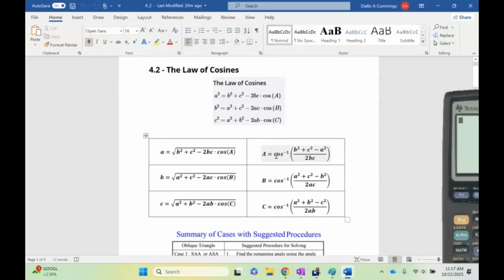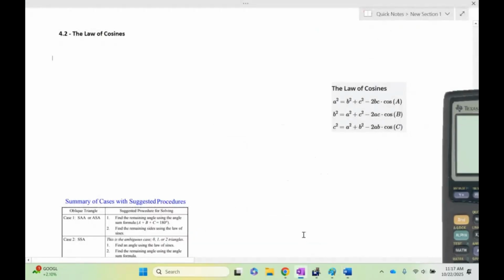All right, so in order to get this formula, let's say for angle A, this is actually what happens.